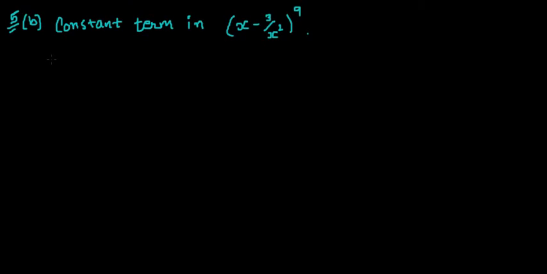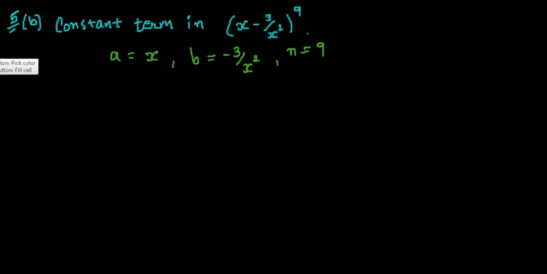Now for question number 5b, again we have to find the constant term in this expansion. So we write a, b and n by comparing with the binomial. a is the first term of the binomial, that is x, b is the second term inside the bracket, that is minus 3 by x square, and n is the power, which is 9. So a, b and n we have decided. Now we keep these in the general term to write the answer.